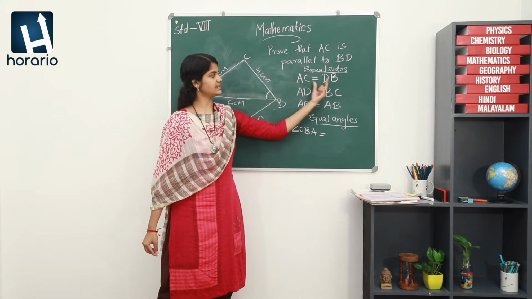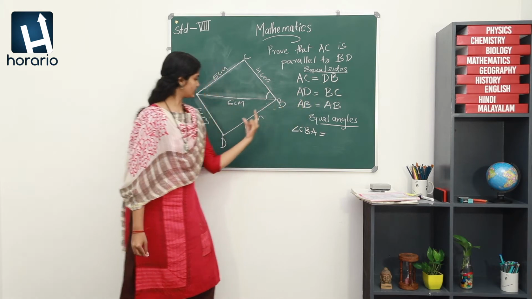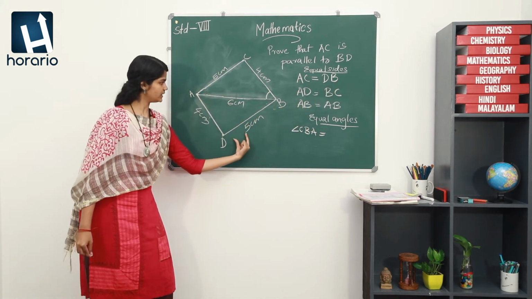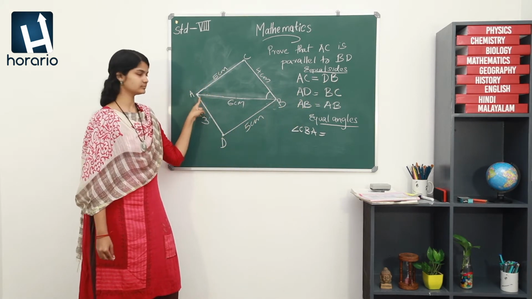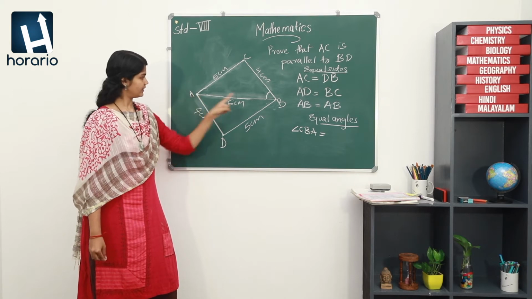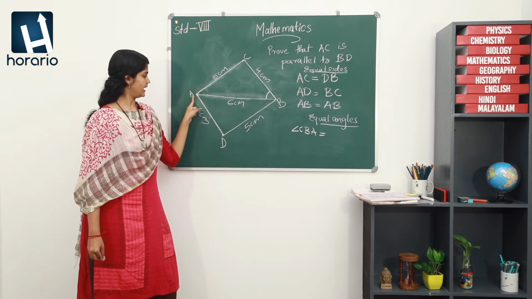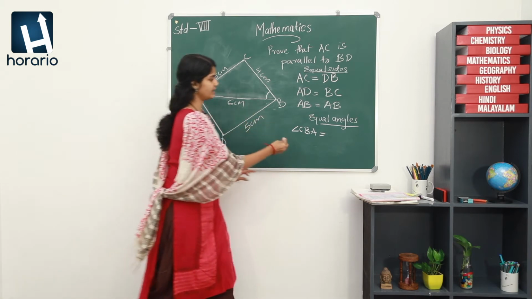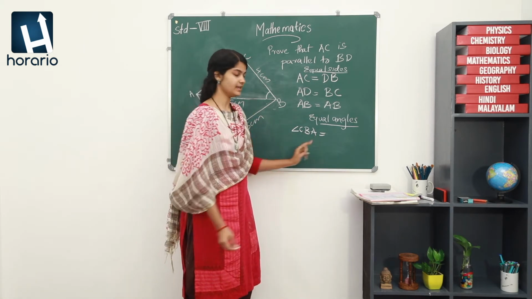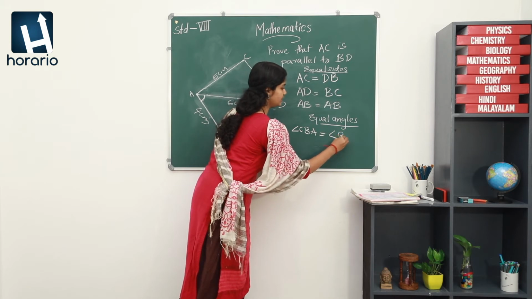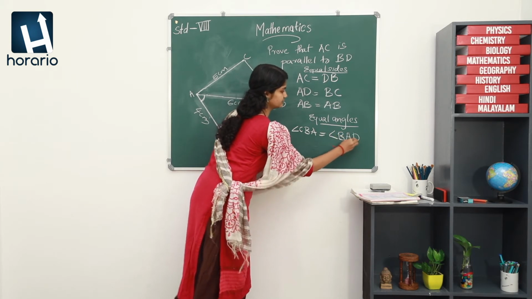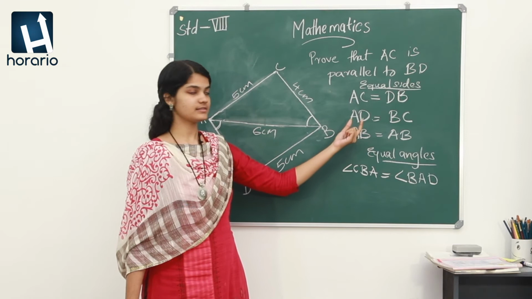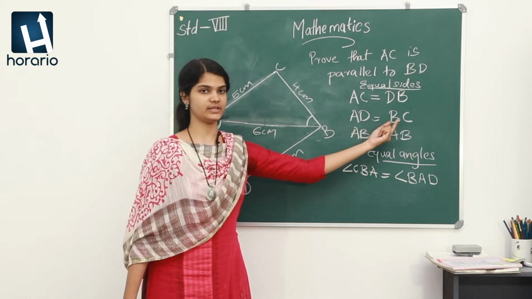Look, here AC is equal to DB. So, DB's opposite angle is angle BAD. So, we can write angle CBA is equal to angle BAD.